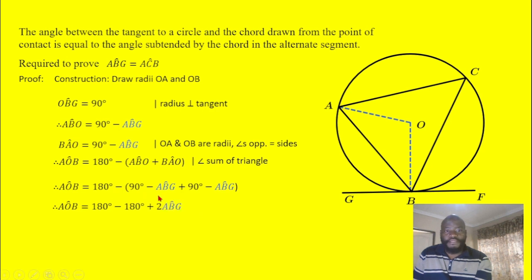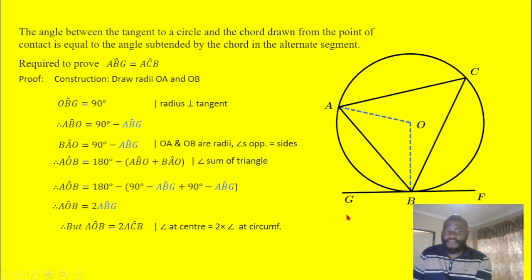So here again, I showed that these 90s give us negative 180. They'll subtract each other out, and we're left with AOB equaling 2ABG. Okay, so now what have we done? We have proved that this angle is twice this one. But we remember that AOB again is equal to 2 times ACB up there.